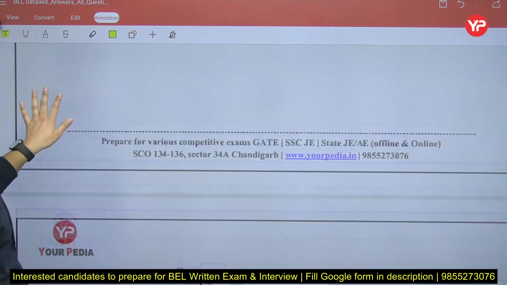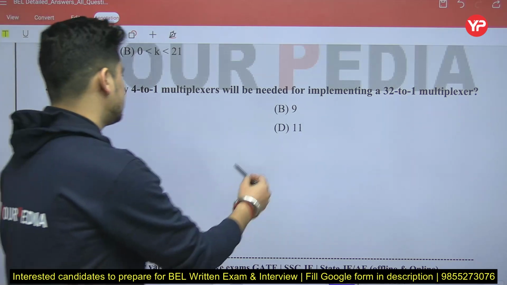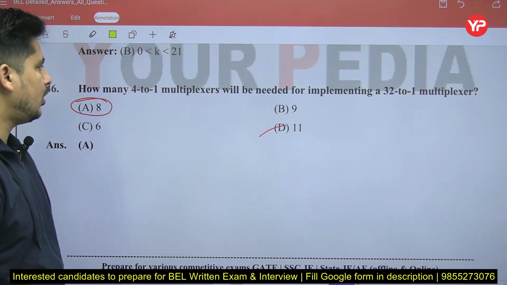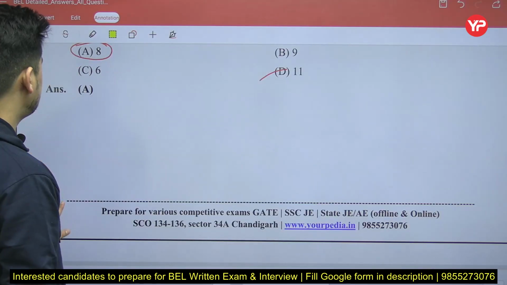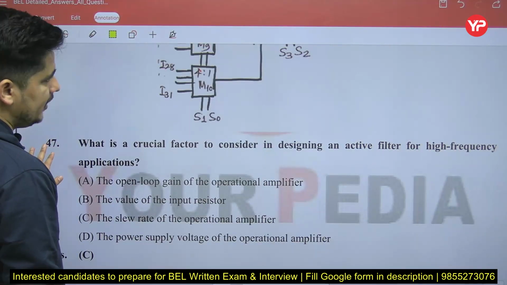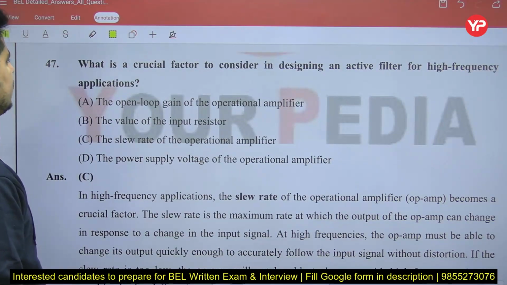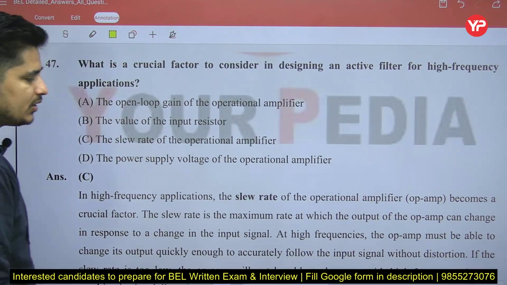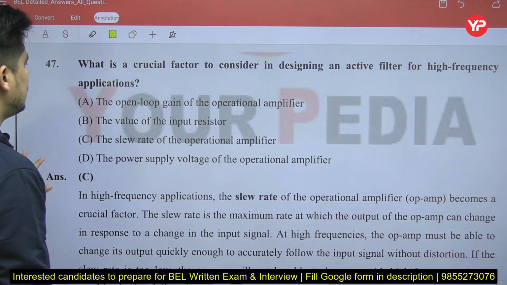I don't know how he gave the answer as A. This is impossible. The answer should be D. So we require 11, right? Not 8. That is impossible to design with 8. Either he says you can use an external gate, then it will be possible, but I don't think with 4 to 1 muxes it is possible to design with 8. It requires at least 11.